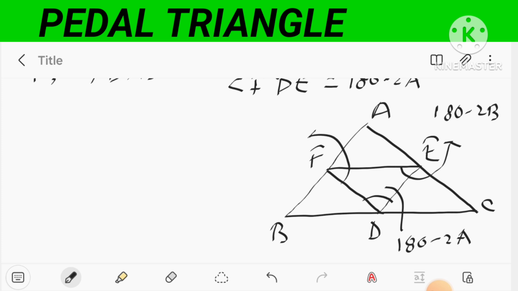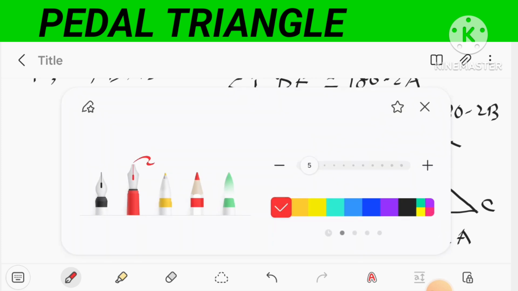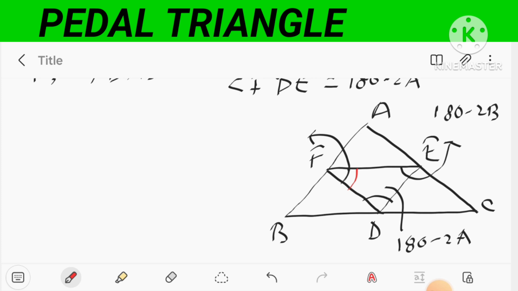Similarly, only this angle is equal to 180 minus 2C. So the angles of the pedal triangle are 180 minus 2A, 180 minus 2B, and 180 minus 2C.